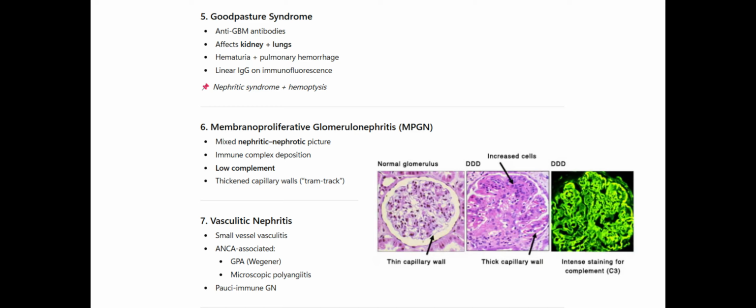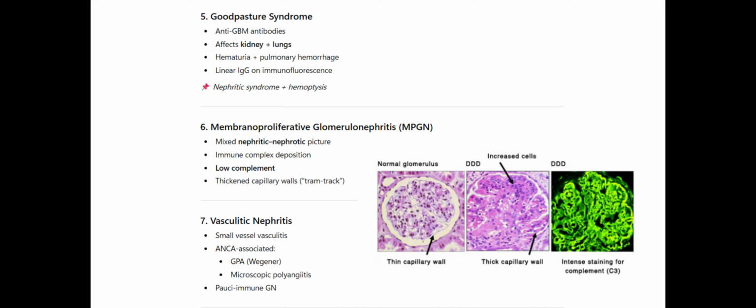The third subtype is type 3 rapidly progressive glomerulonephritis, known as pauci-immune glomerulonephritis. In this form, there is little or no immune complex deposition seen on immunofluorescence microscopy. This subtype is strongly associated with anti-neutrophil cytoplasmic antibody, or ANCA-associated small vessel vasculitis.